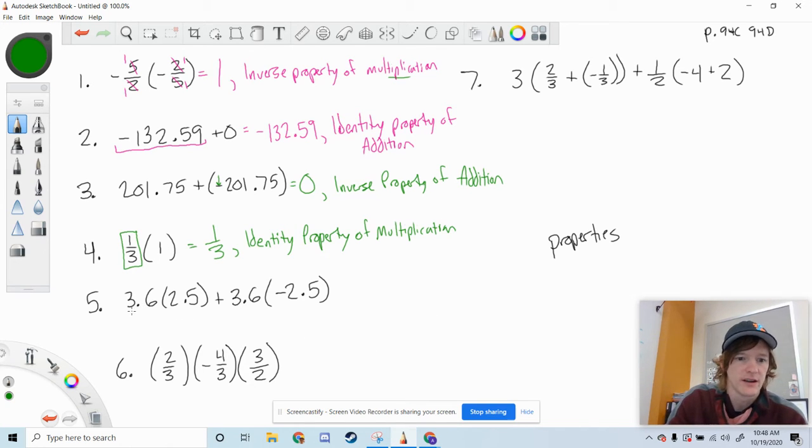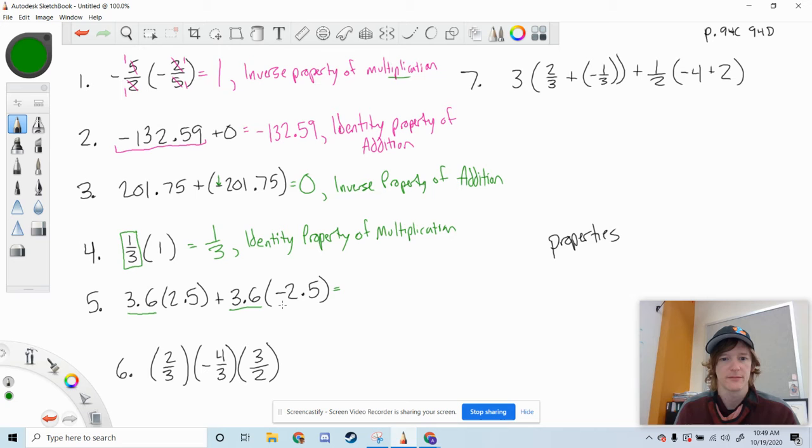The next one, we've got 3.6 times 2.5 plus 3.6 times negative 2.5. So I'm going to start off, and I'm going to recognize that I have a 3.6 in both of these. Okay, so I want to rewrite this. And you wouldn't have to do it this way if you don't want. You could multiply these out and then add them together.